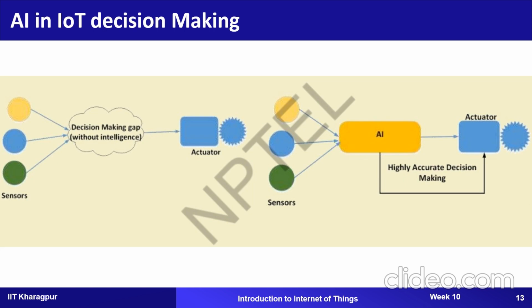Now AI in IoT decision making. Consider a case where you are not using AI, you are not using any kind of intelligence. In that case the decision which is taken is not that efficient.